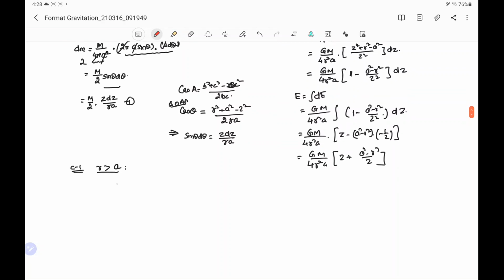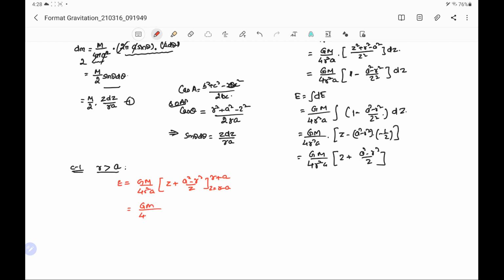So E will be equal to the integral of GM by 4r square a, as we have already evaluated it, and now put the limit, z plus (a square minus r square) by z, where z lies between r minus a to r plus a, and we have to solve it.